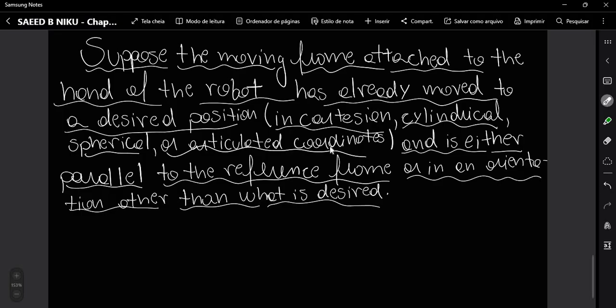And by now we understand and we know all these terms. A moving frame attached to the hand of the robot.